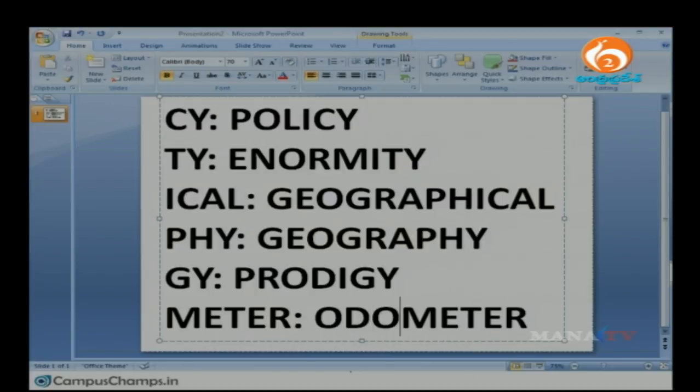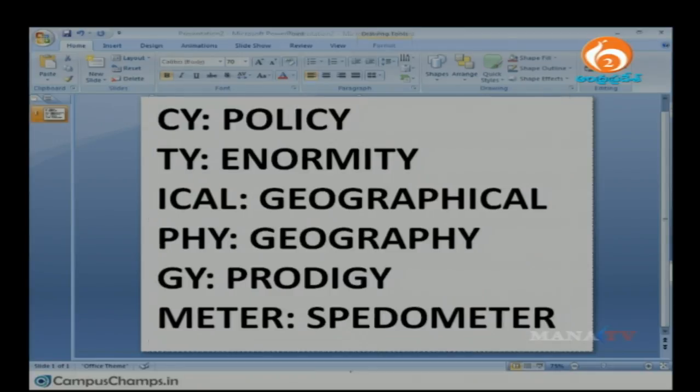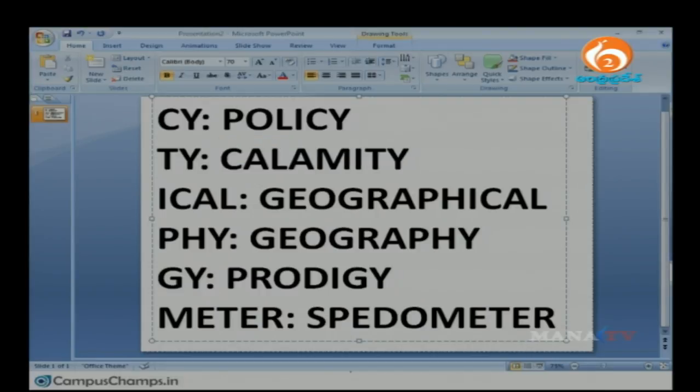CY, for example, policy. TY, for example, enormity or calamity. Enormity means something which is enormous, which is big. ICAL, for example, geographical. PHY, for example, geography. GY, for example, prodigy. METER, speedometer.